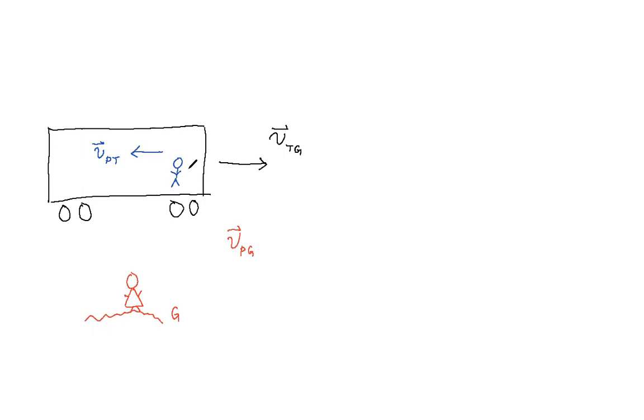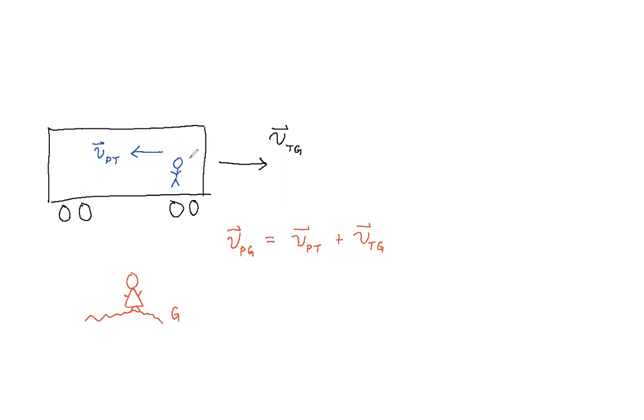We want to know the velocity of this person relative to the ground. So we indicate that as VPG. And it turns out that it simply equals the vector sum of this velocity and this one: the velocity of the person relative to the train, plus the velocity of the train with respect to the ground. You simply add them like this.